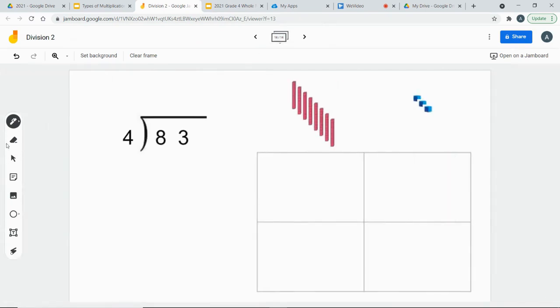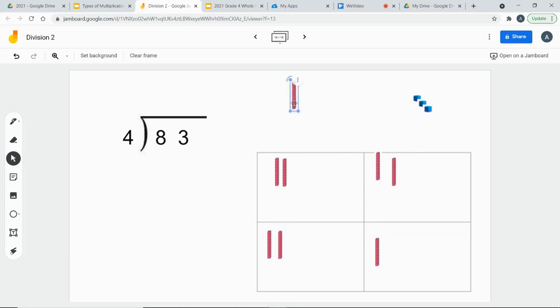Let's solve it together. I have 83 that need to be divided among 4 groups. Let's start with our tens. I can put 2 tens in each group, and 2 times 4 is 8.